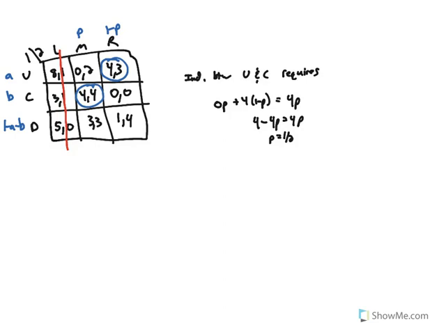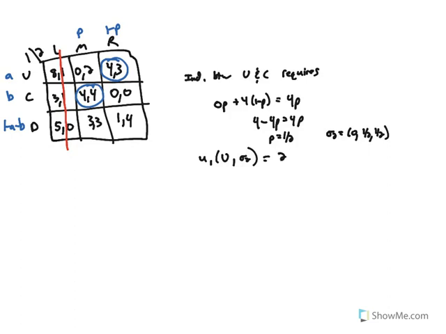Okay? If P equals 1 half, the utility to player 1 of playing U, given that particular sigma 2, what is that expected utility? Well, it's 4 times 1/2, right? So it's just equal to 2.